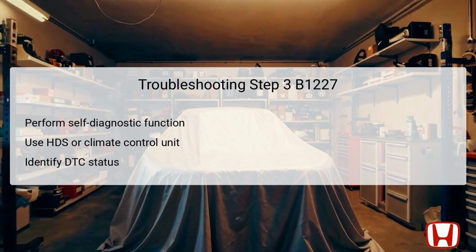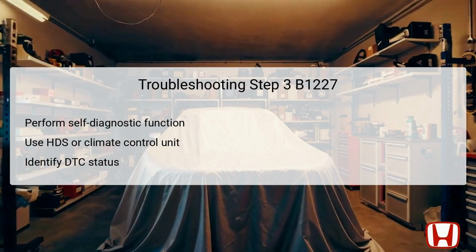The third step is to conduct the self-diagnostic function using either the Honda Diagnostic System, HDS, or the Climate Control Unit. This function is instrumental as it allows the technician to check for current DTCs that may still be present in the system after the initial reset. The HDS provides detailed diagnostic information, including fault codes and live data, enabling comprehensive analysis.